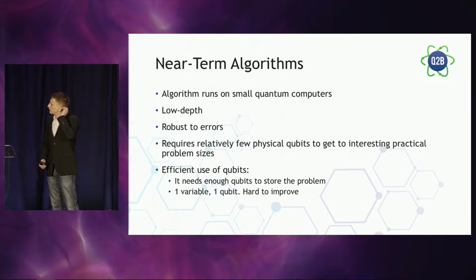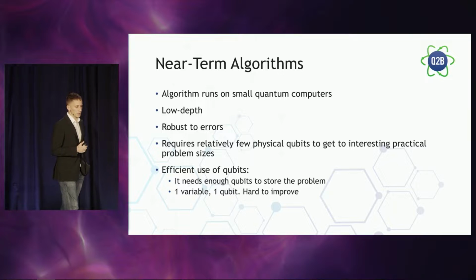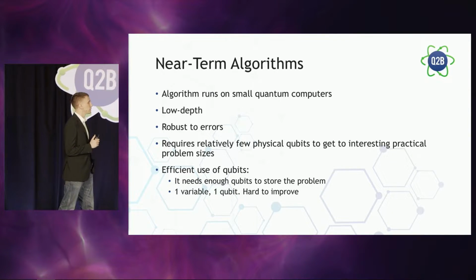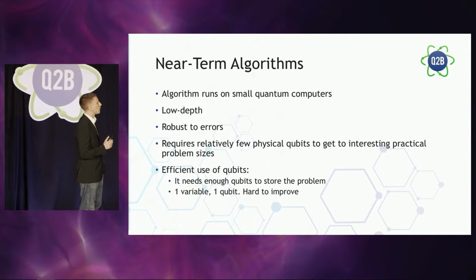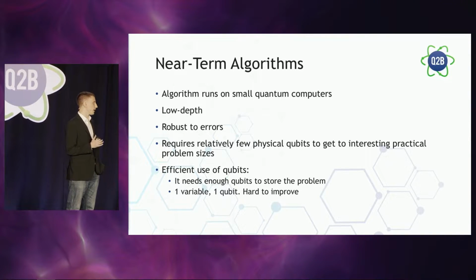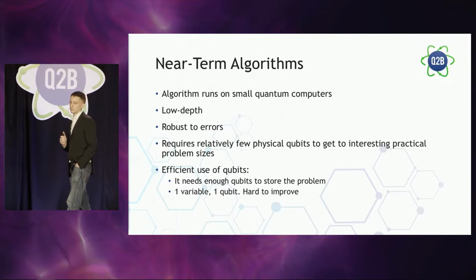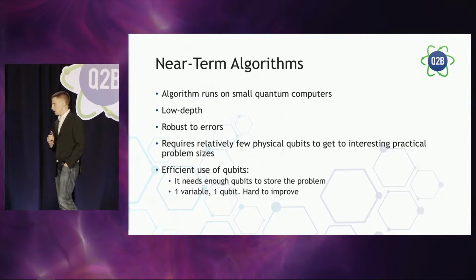Also, this means that we don't require as many quantum gates to represent this algorithm in real quantum hardware. It's also robust to errors, which means that it shouldn't require much error correction, or any, and requires relatively few physical qubits to get to interesting practical problem sizes.